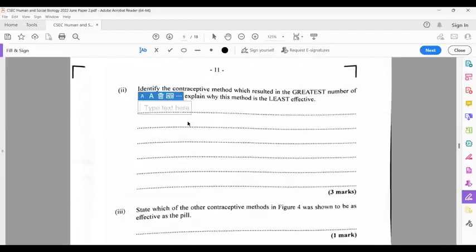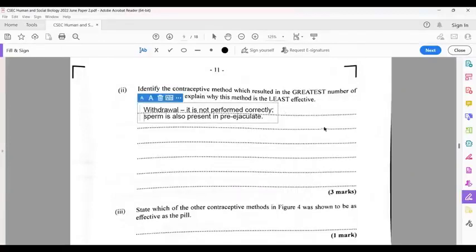That was the least effective method, and many times it's not performed correctly. Sperm has to be prevented from being ejaculated into the vagina at the top of the cervix, and oftentimes this does not happen because sperm can also be present in the pre-ejaculate of men. So it's not an effective method.